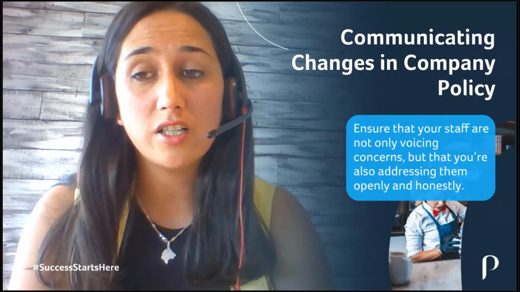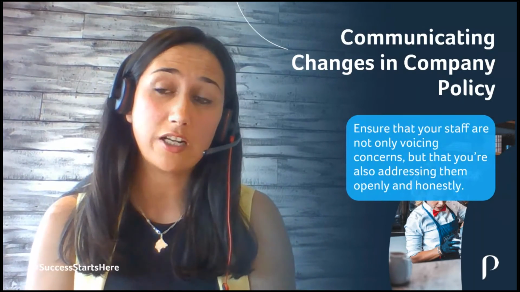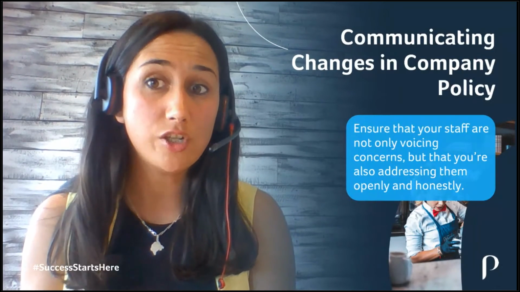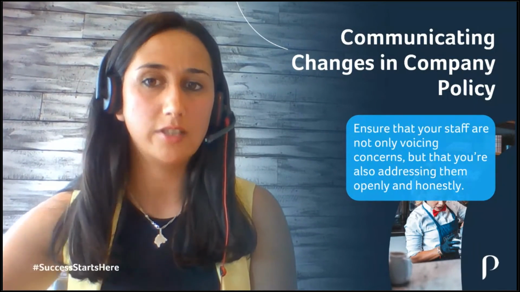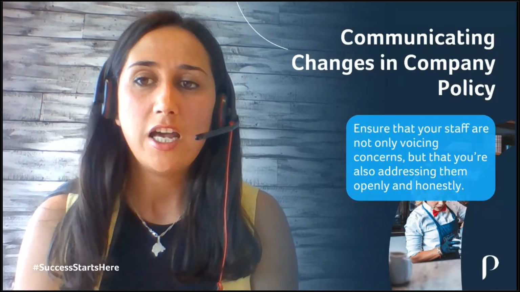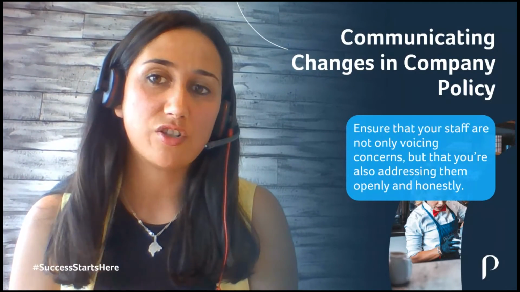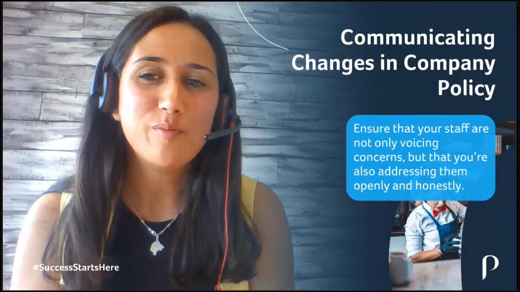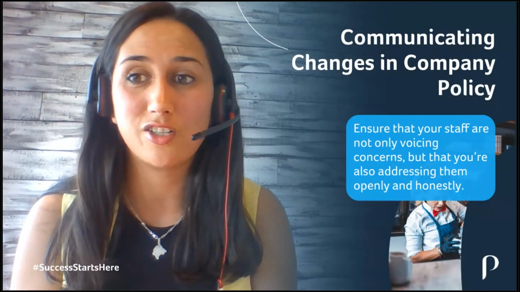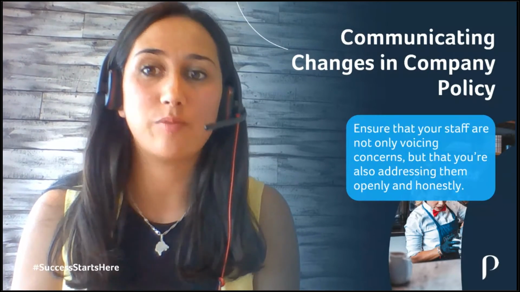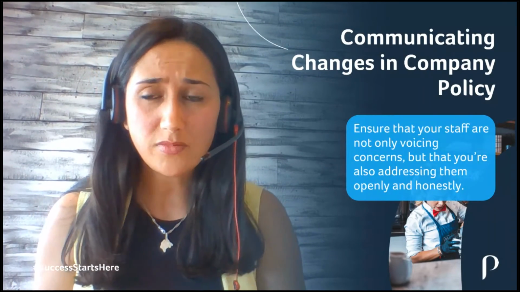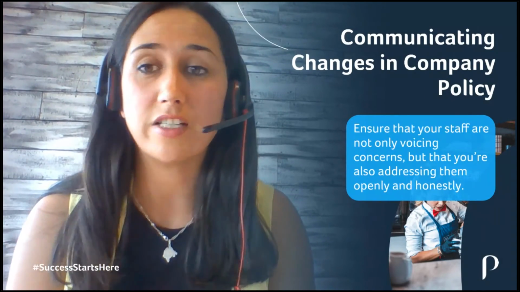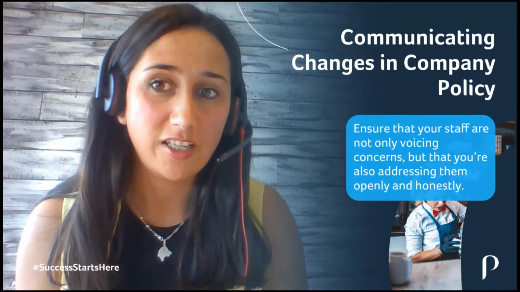As I mentioned at the start, your first course of action is to send it via email, just so you have a written receipt of issuing the employee handbook, contract, deductions from pay agreement, etc. But from that point on, make sure that it's also accessible, because of course emails naturally get pushed down. So make sure that employees are able to access policies on a SharePoint or common area. I would also encourage everyone to print hard copies and put them at the reception desk. Again, make it very accessible.